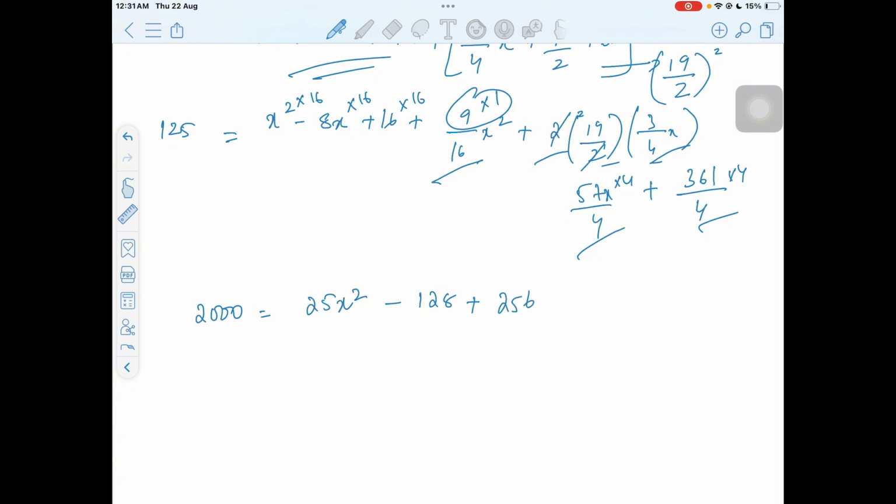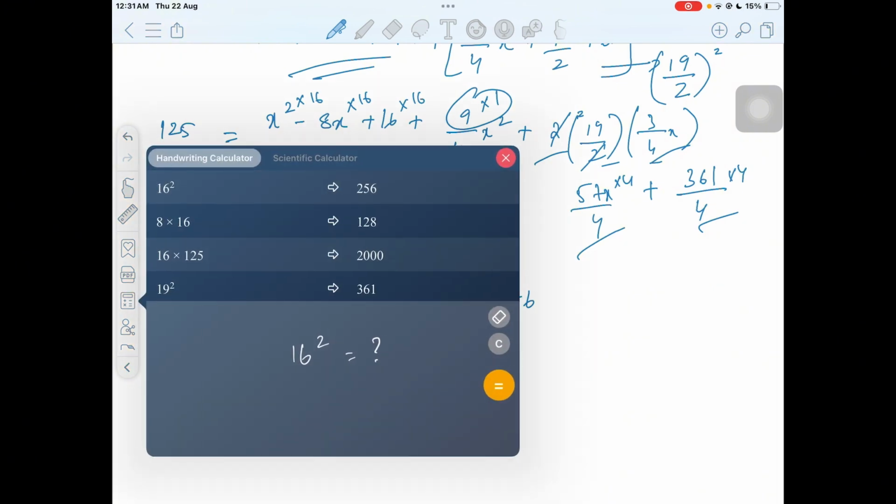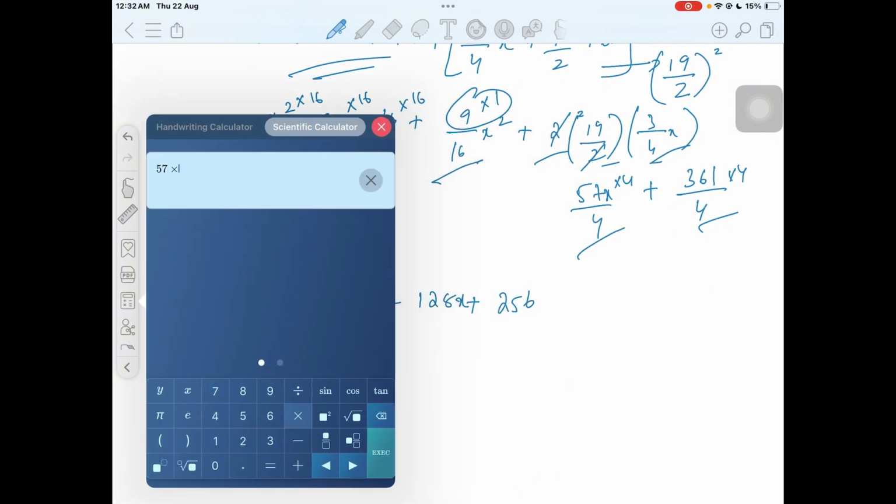And this is x basically, and this would be 57 multiplied by 4. Sorry, 57 multiplied by 4. Guess we have to just use this. 57 multiplied by 4 is 228.